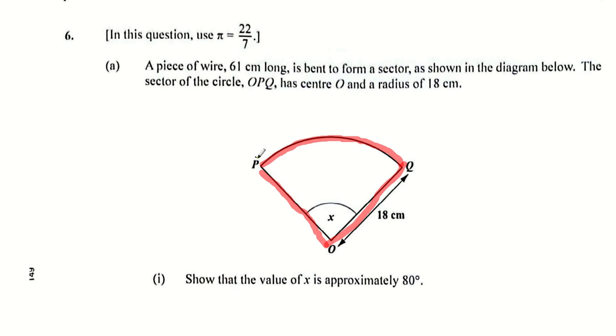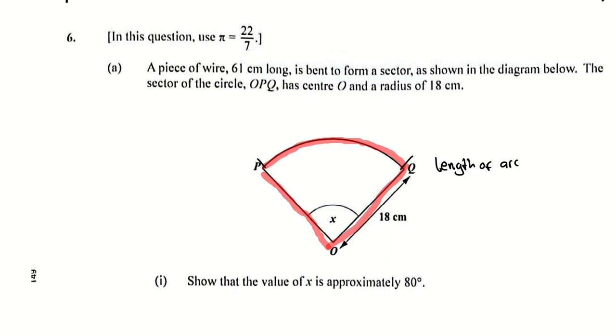So if I want to find my distance from here to here, that is the length of your arc. If you do not know the formula, you can go back to your formula sheet. I know it: theta over 360 times the circumference of your circle, which is 2 pi r.